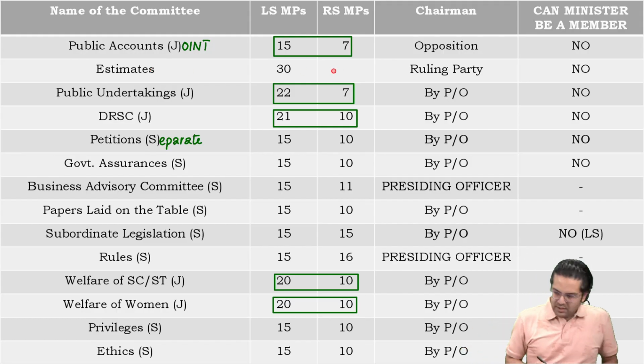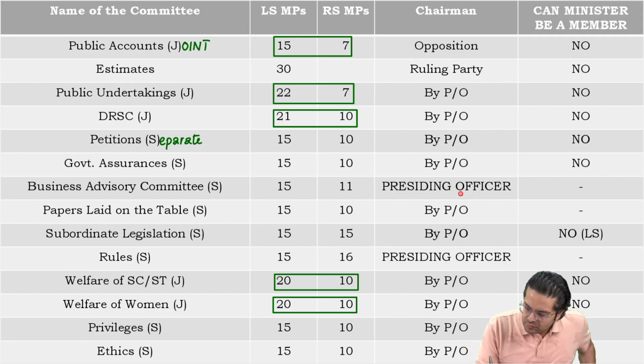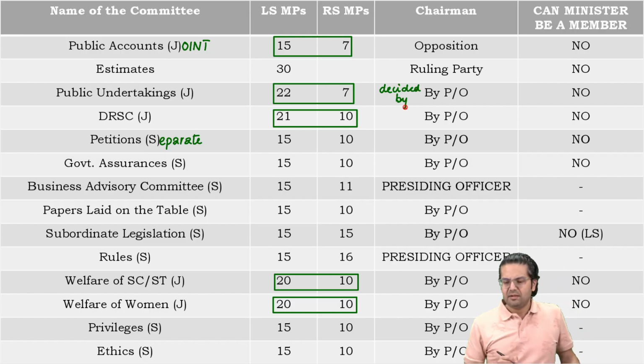Then in most committees, the presiding officer chooses who will be the chairman. So decided by presiding officer. That's the meaning here. In some committees, chairman should be from the opposition, should be from the ruling party.